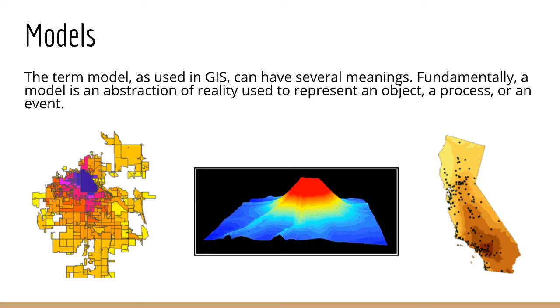So we model a lot of real-world things, processes, events, objects in a GIS.